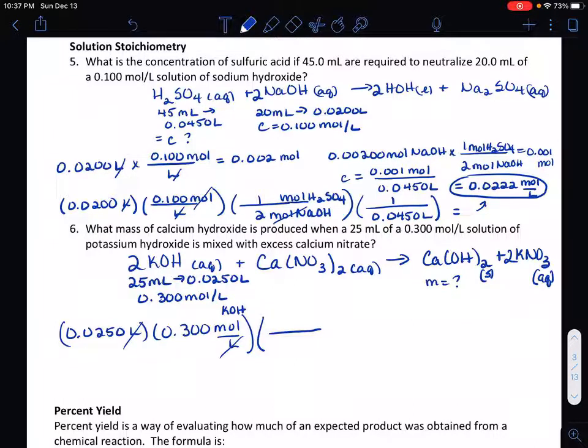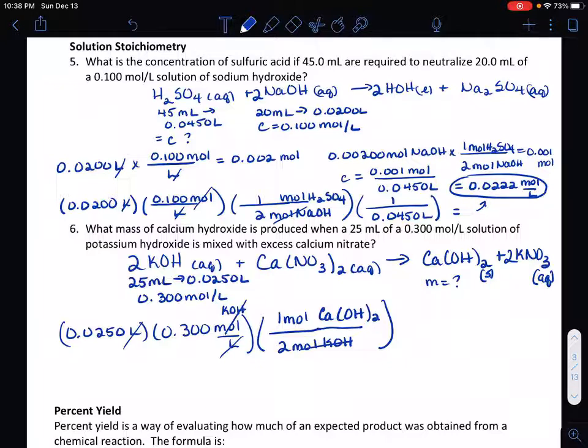I should, but I don't. And now my next step is my mole ratio. So I have 2 moles of KOH at the bottom and 1 mole of Ca(OH)2 at the top. And so my moles of KOH cancel out, and I'm left with moles of calcium hydroxide.